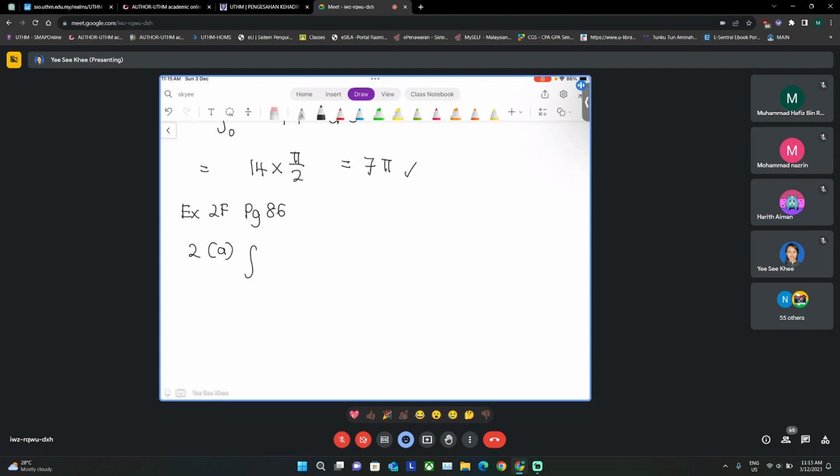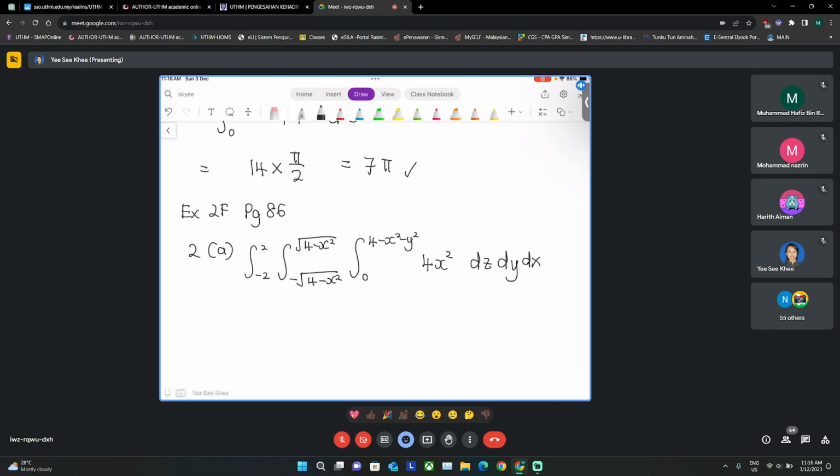So now I write down the triple integral. Negative square root 4 minus x squared to square root 4 minus x squared, then 0 to 4 minus x squared minus y squared, and this is 4x squared. dz, dy, and dx.